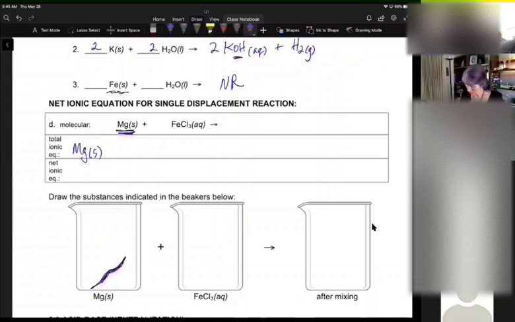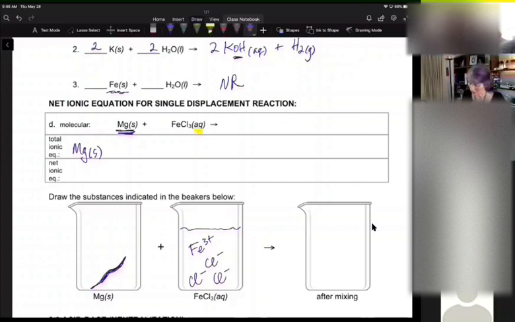Let's draw iron chloride, though. Iron chloride is aqueous, and what does that mean in the beakers? It means it splits apart into ions and they move independently. Okay, so let's run this reaction.